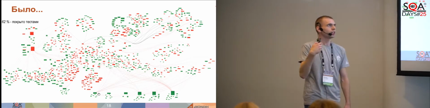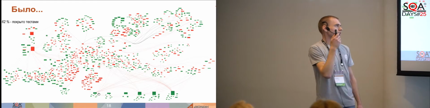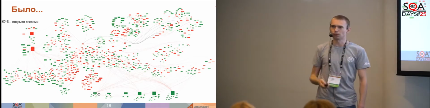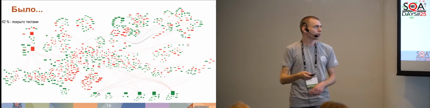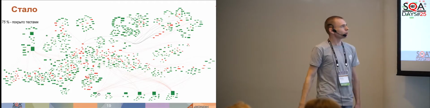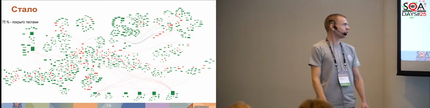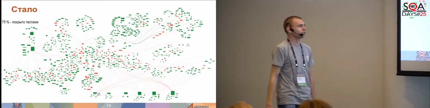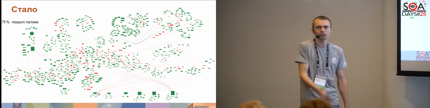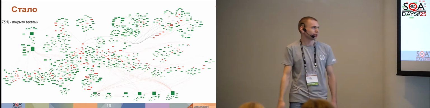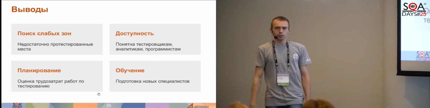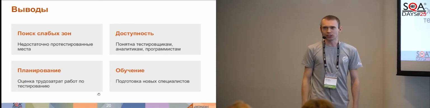We had to repair that, and that's how the model allows us to see all the weak sides of the product and to cover those with tests. Of course, naturally, we started to cover the model with tests, and now you see we've got 75% covered, and we have more red blocks and fewer green ones, so it's quite representative now.